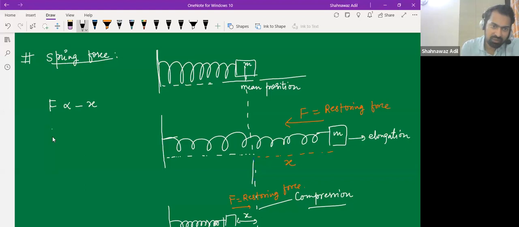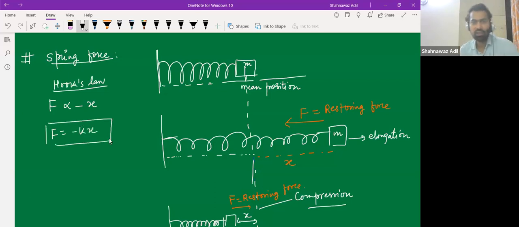So this is called Hooke's law. And this force is minus kx, right? So this is called the restoring force or the spring force.